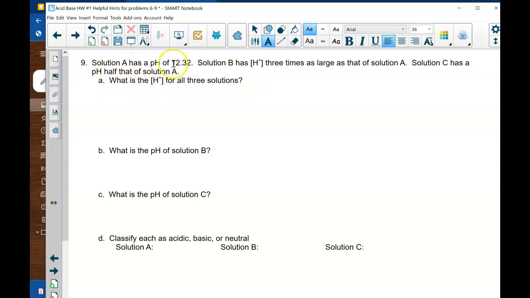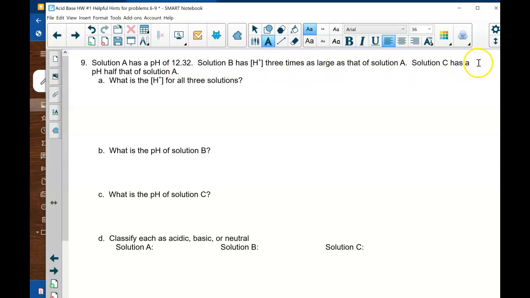So for solution A, you need to use the pH value to get the H plus concentration. Then for solution B, you can figure out the H plus concentration of it because it is 3 times that of A. So whatever you get for A, 3 times that.